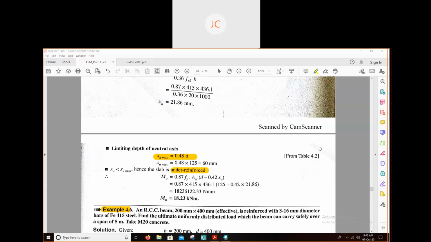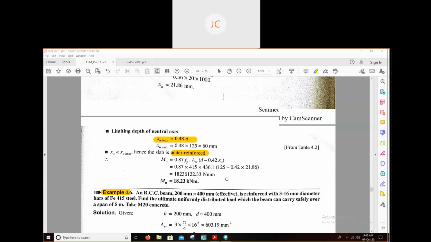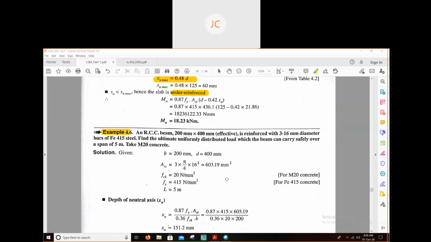So now all of you try to find out the value of XU. Anyone got the answer? 151.23. Okay, let me see. Yes, good, 151.23.